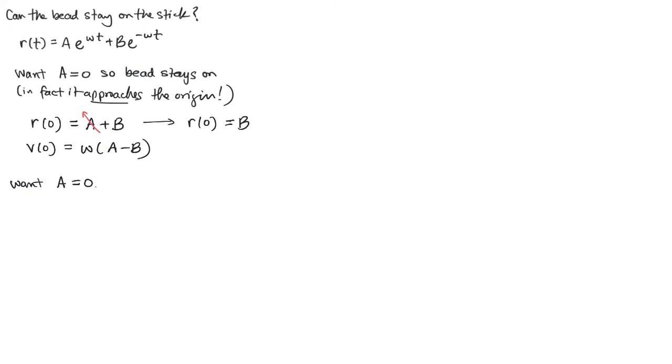From our velocity equation, we see that v naught is equal to omega b. Well, actually, there is a minus sign in there, so v naught is equal to minus omega b. Now, we can combine these two outcomes to show that v naught has to be equal to minus r naught times omega.